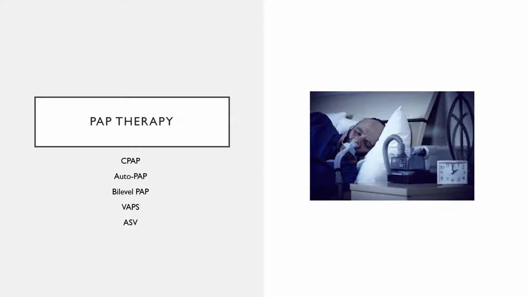And then two advanced types of PAPs are VAPS, which is variable adjustable pressure support, and ASV, which stands for adaptive servoventilation. The last two that I just mentioned, we're going to cover later on in this course, but those are more advanced modes, and that's typically reserved for people with bigger breathing problems than just sleep apnea.